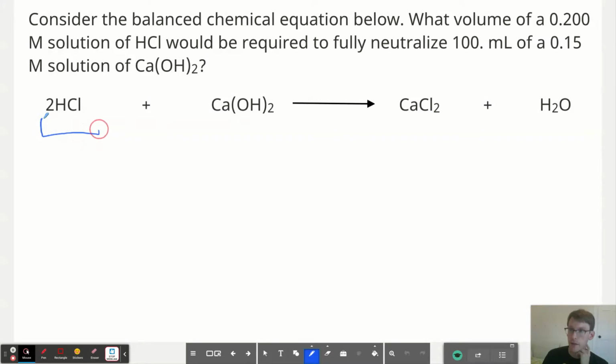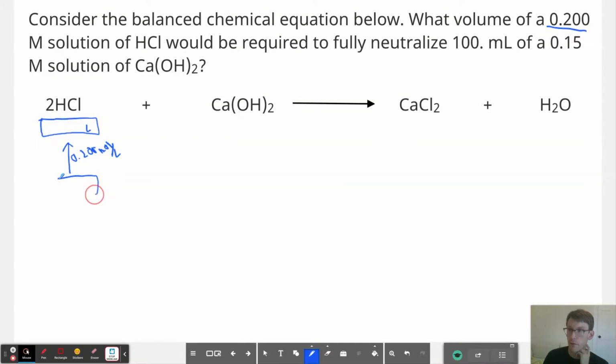So I'm going to put in liters here as the thing that I don't know. And I know that my conversion factor to get there is going to have to do with the 0.200 moles per liter, which is my concentration.